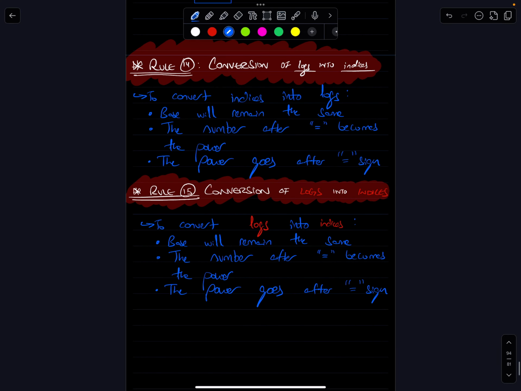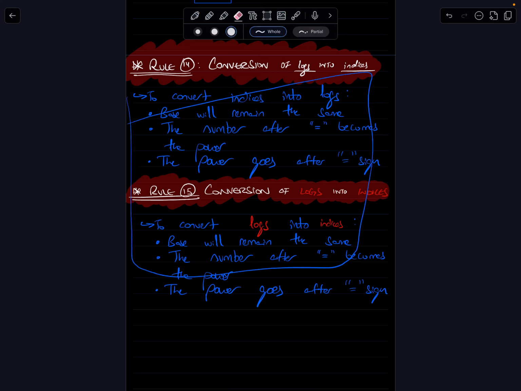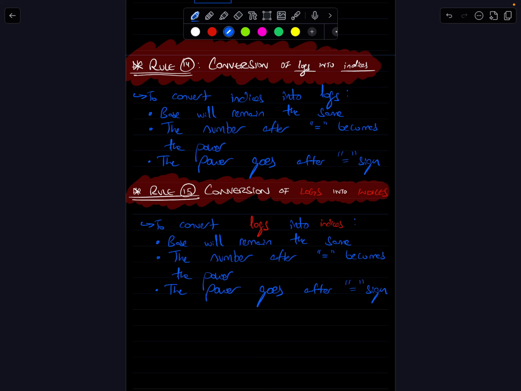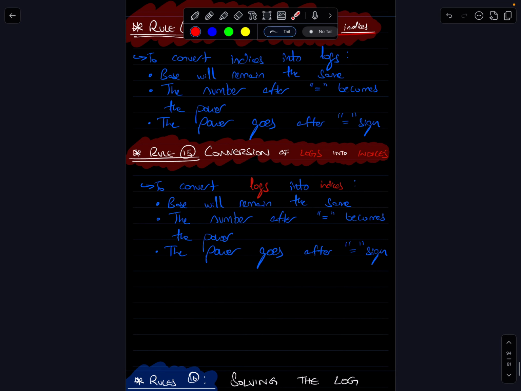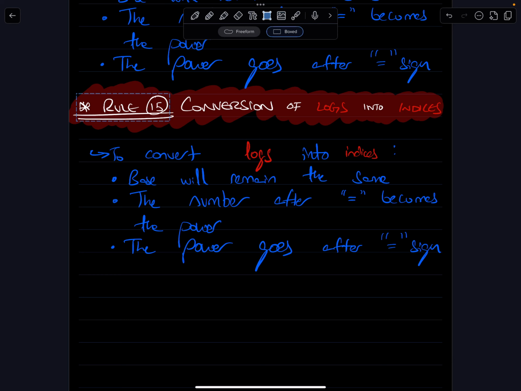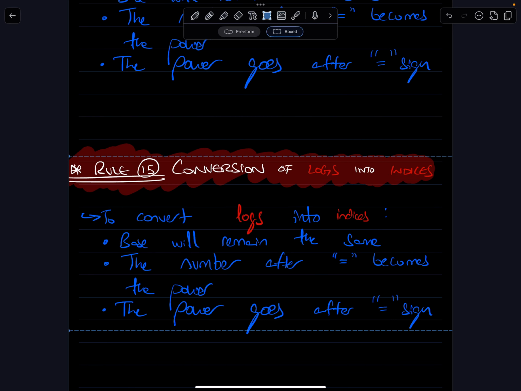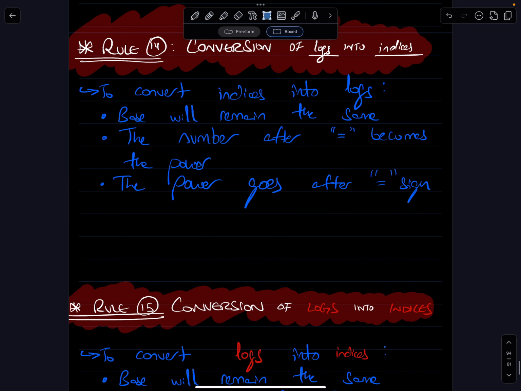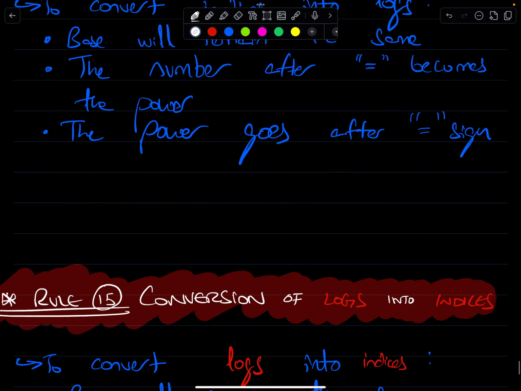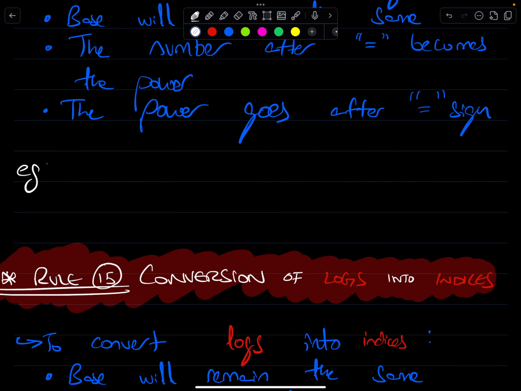Now for rule number 14 and 15, these are just a sequence of steps. If you want to go through them, you may. But I'll explain this conceptually again. Conversion of logs into indices. Let's just say for rule number 14, you should understand this concept conceptually.